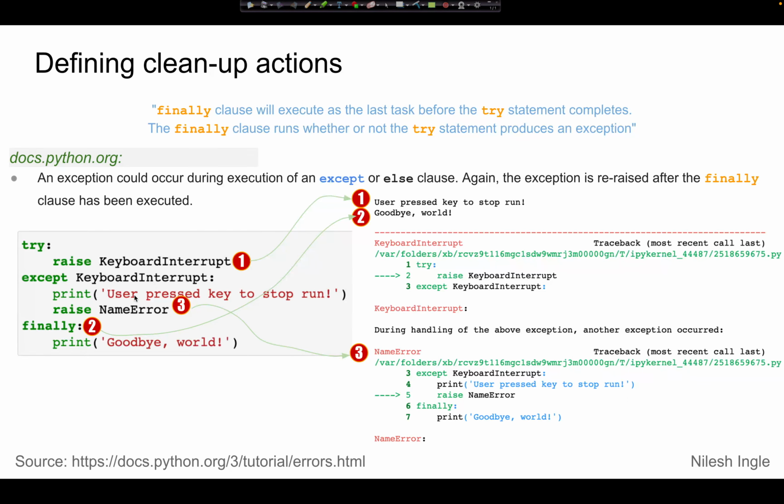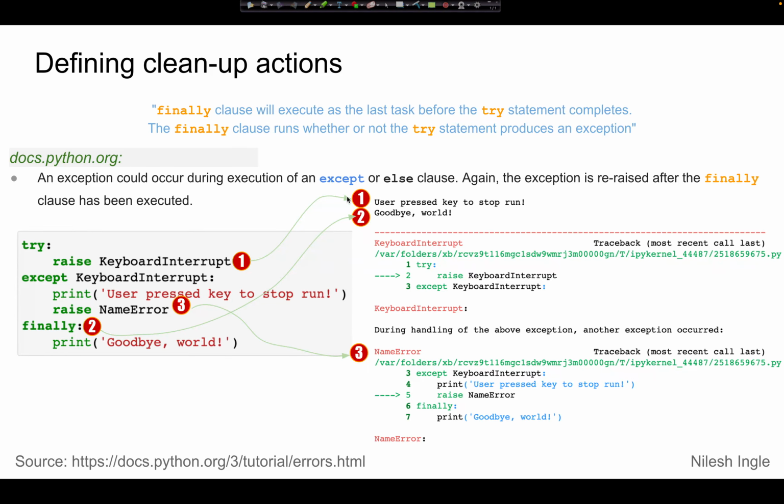So we'll enter the except block, and this would print that the user pressed the key to stop the run, and immediately after that the finally block would run instead of the second error, and we see the goodbye world following. Then the second raised name error would be tackled, and that's where we see the name error printed out.